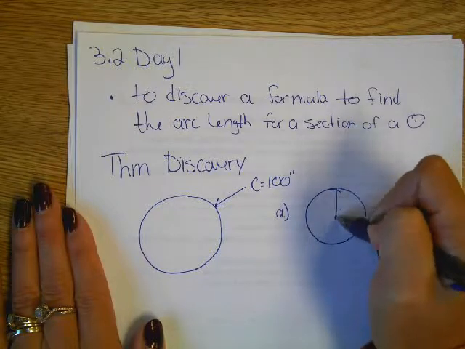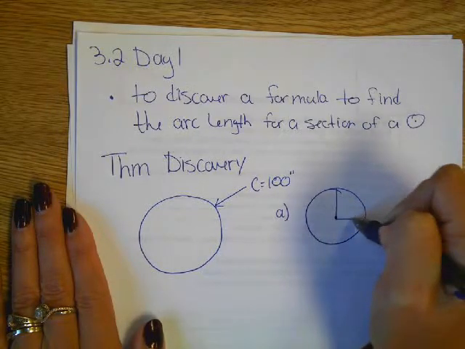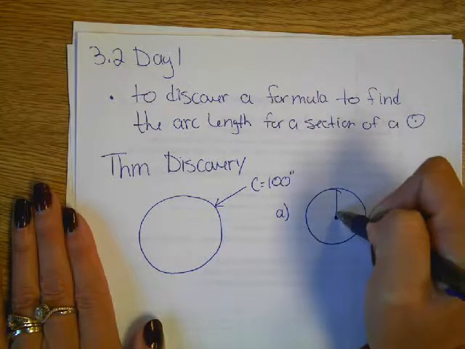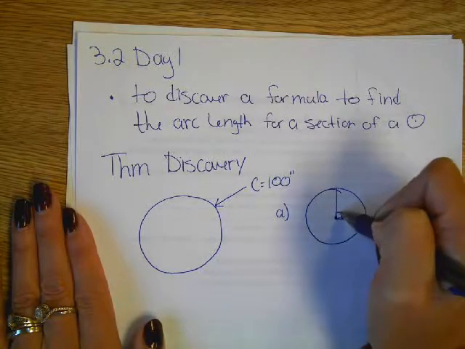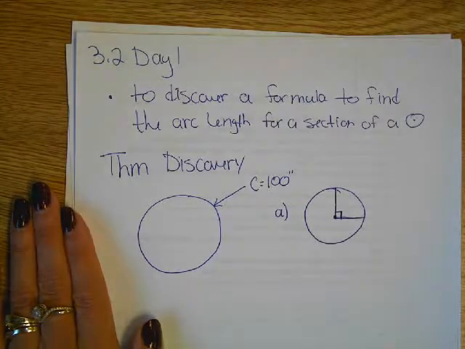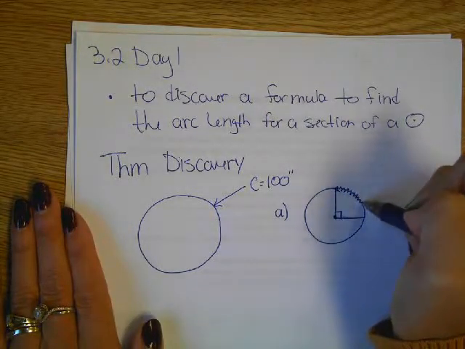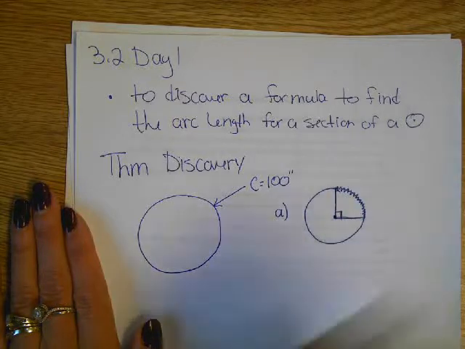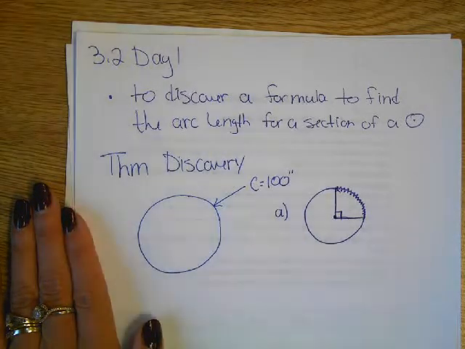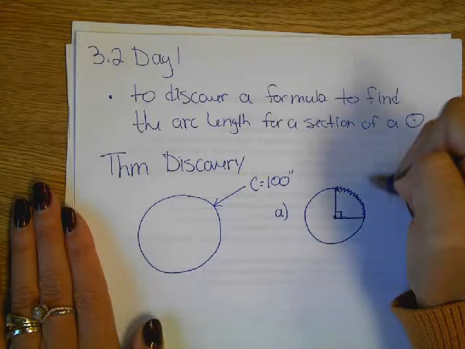If I take a chunk of it, and I know that the angle is 90 degrees of that chunk, is that enough information for you to figure out this arc length? Yeah. Why 25?